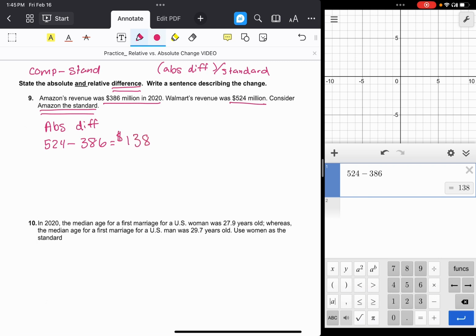Now notice, I don't put increase or decrease here because it's not like the Amazon revenue increased to the Walmart revenue. No, instead it's Walmart's revenue is $138 million more than Amazon's revenue. If we had made Walmart the standard instead of Amazon, we'd actually get a negative number because Amazon's revenue is $138 million less than Walmart's revenue. So order matters and what the standard is matters.